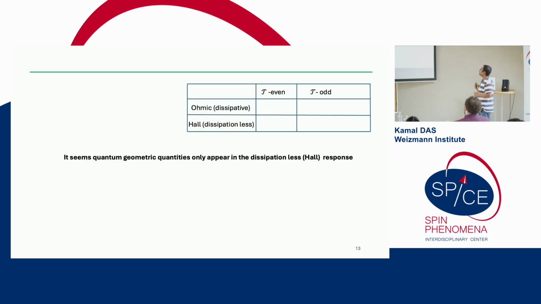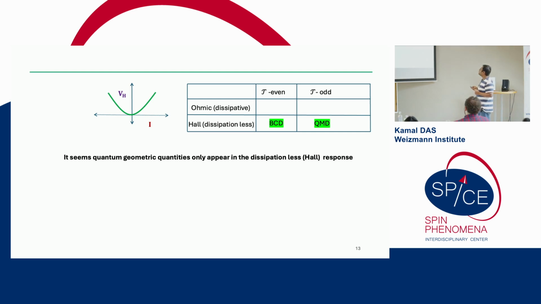Okay. Now when we started working in this field, the thing we noted is that all the time the band geometric or quantum geometric quantities arise in dissipationless Hall responses. For example, the anomalous Hall effect is a Hall response. When we come to second order response, both the Berry curvature dipole and this quantum metric dipole are Hall in nature.